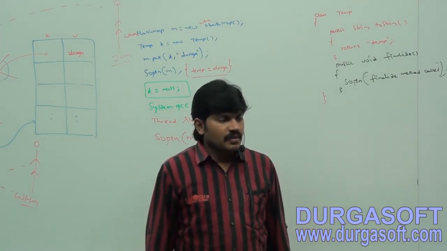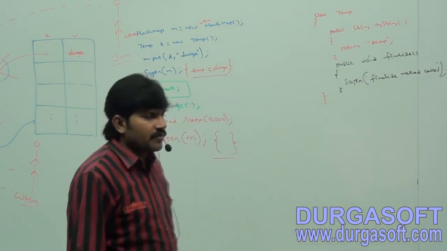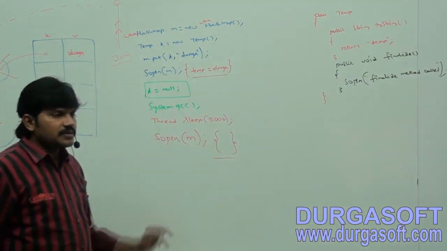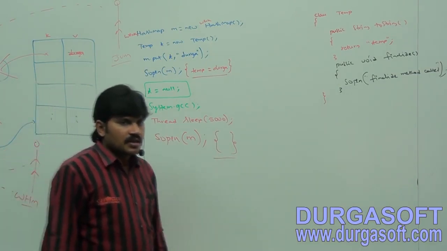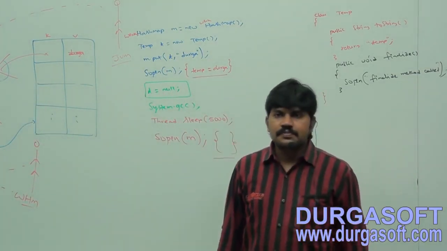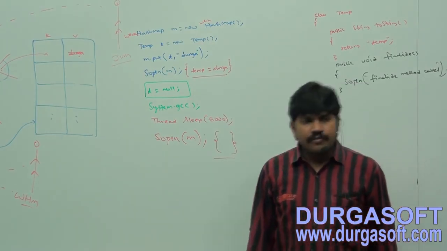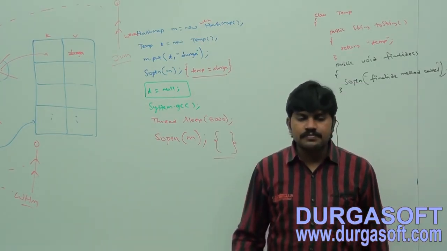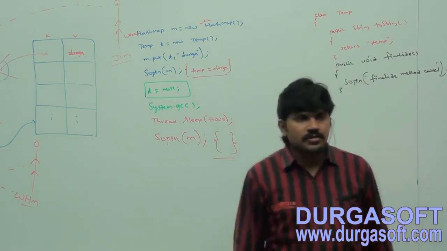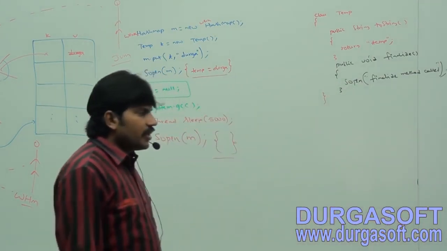That is, the garbage collector dominates the weak hash map.